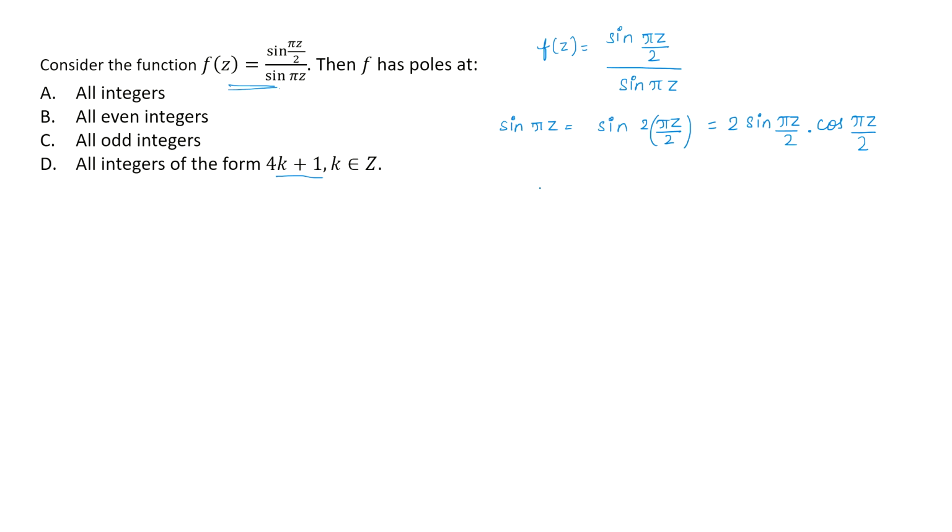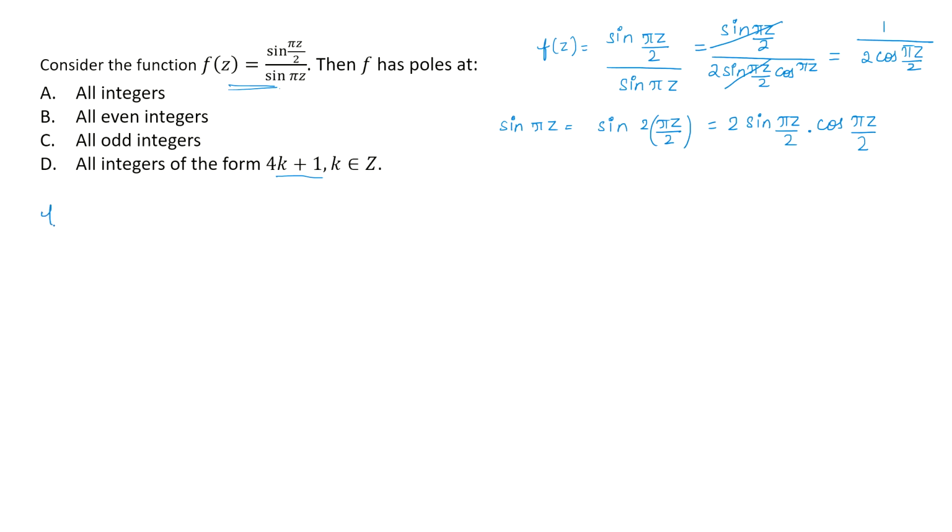Therefore when I replace sin(πz) by this, it becomes sin(πz/2) / (2 sin(πz/2) cos(πz/2)). These two terms will get cancelled, giving 1 / (2 cos(πz/2)).